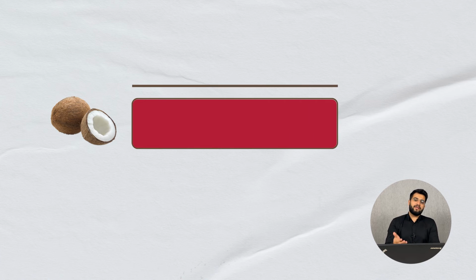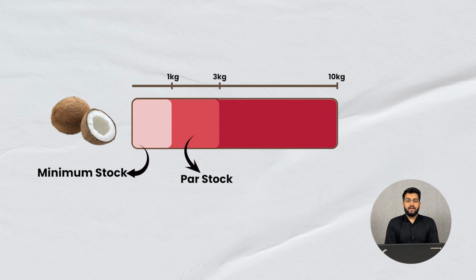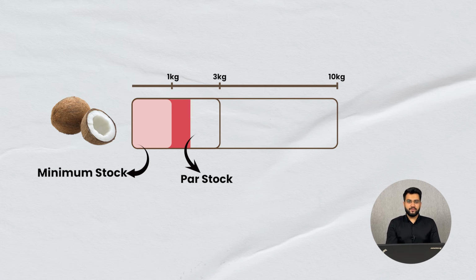Now here's a little bit of a twist. Let us take the same example of coconuts. Out of 10 kilograms of coconuts, I get an online order which uses 8 kilograms. The Petpooja system can accept the order of that amount, but you will already be hitting a point below the par stock.